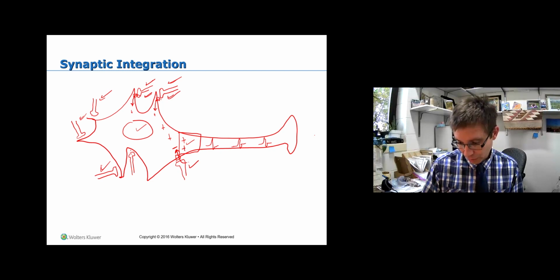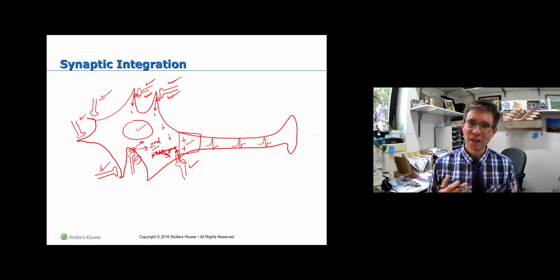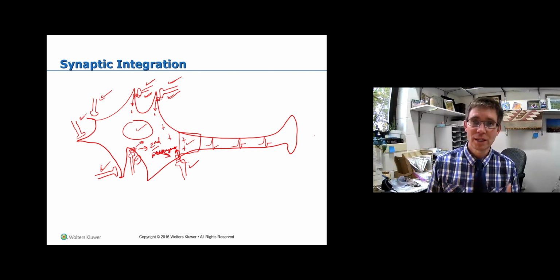Let's say that this neuron over here actually activates a G protein coupled receptor, so a metabotropic receptor. Well, when these are activated, they don't let in ions, but they can change the cell. They can actually change other channels and other proteins in the cell. They can make second messengers, and those second messengers can go on to change things that don't directly change the membrane potential, but make the membrane potential more or less likely to depolarize.